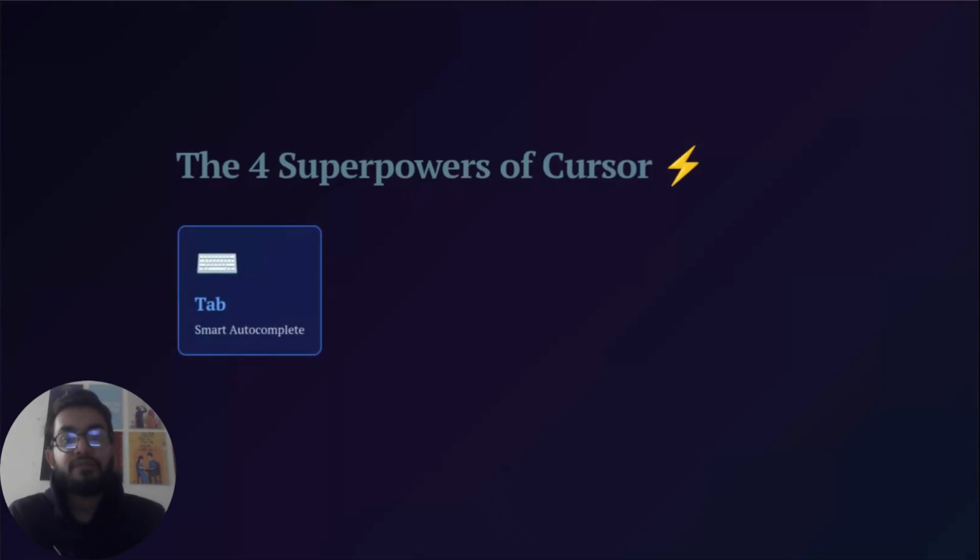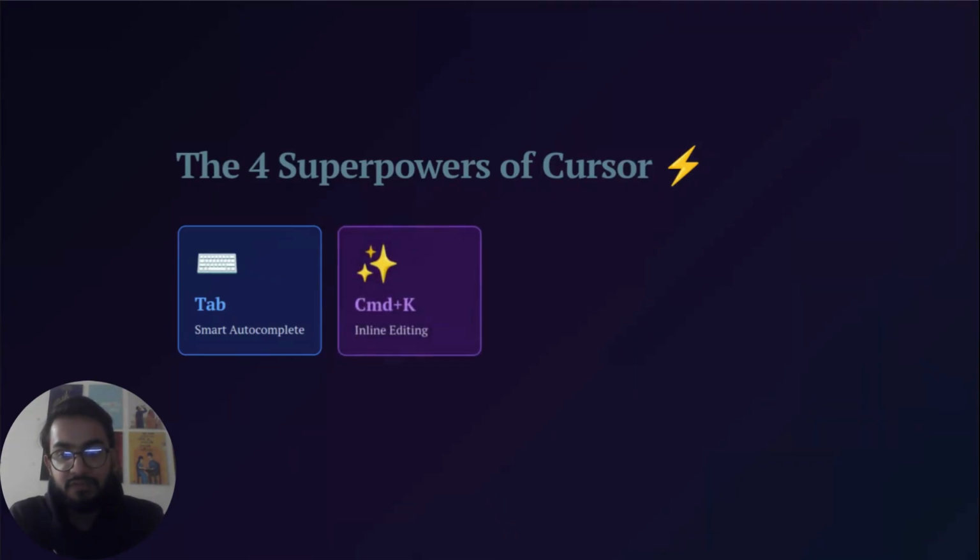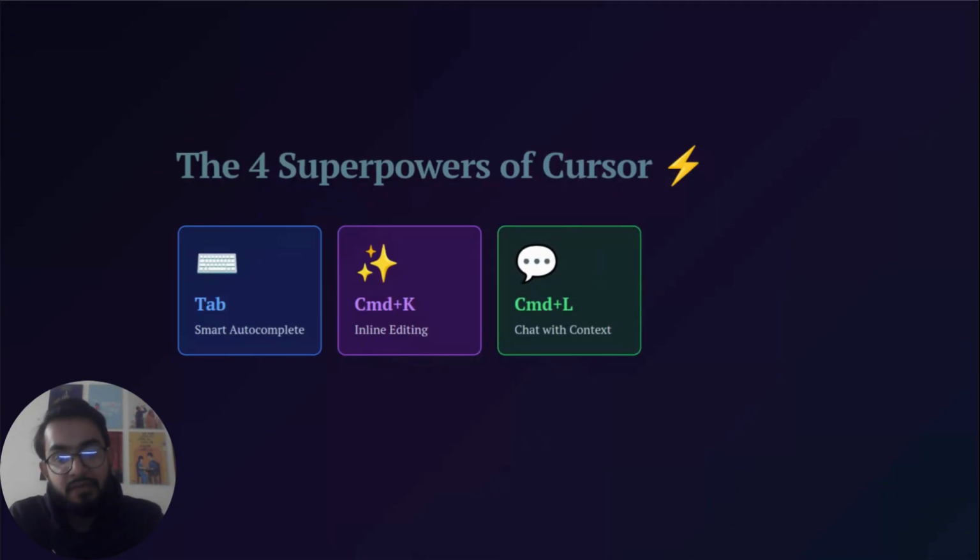The four superpowers of Cursor are: first, Tab, which is smart autocomplete when you press Tab on any line in your code base. Second, if you press Command+K, it will do inline editing in your file.